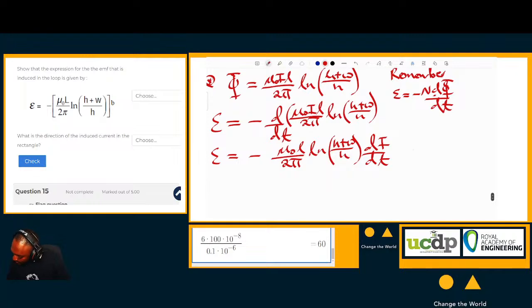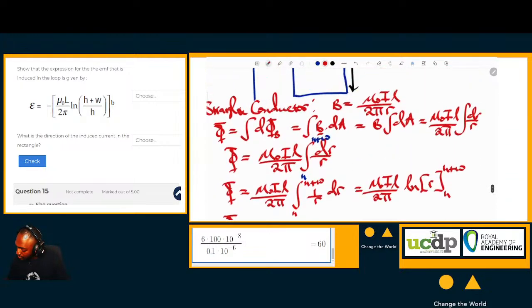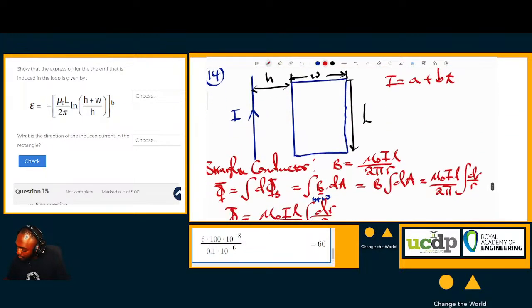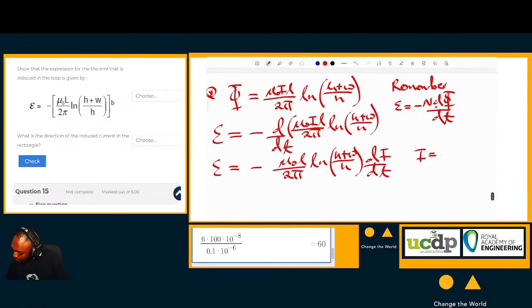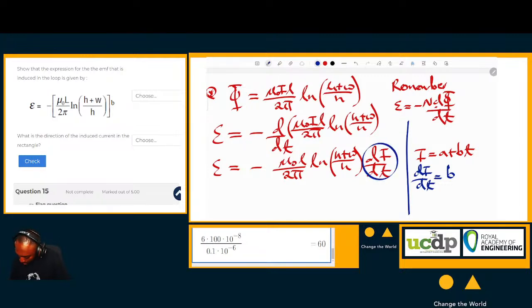Then remember, our I is equal to A plus Bt. So if you differentiate, di over dt is equal to B. So in place of di over dt, you're going to put your B, right?